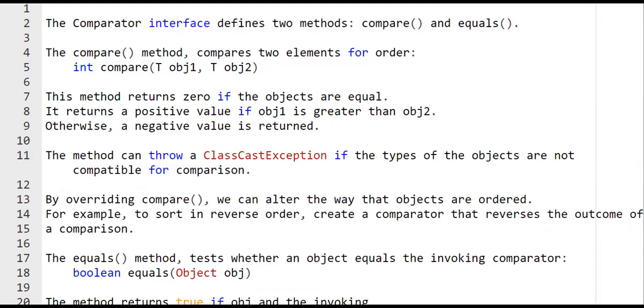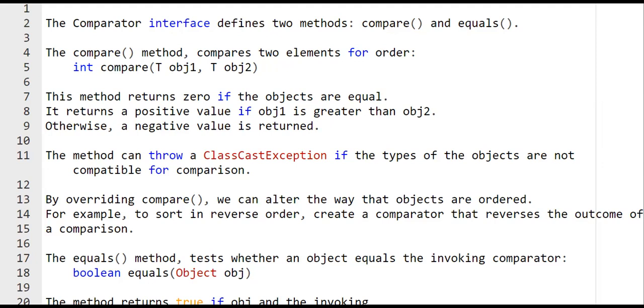By overriding the compare method, we can alter the way objects are ordered in Java. For example, we may encounter a situation where we need reverse ordering, which means a descending order. In that case, we can create a comparator that reverses the outcome of the comparison.